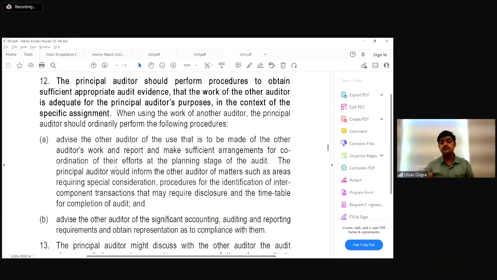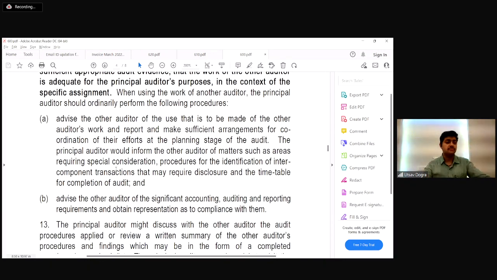While using the work of the other auditor, the major things the principal auditor needs to keep in mind are that the method to identify the intercompany transactions must be very clearly communicated. Then the special instructions, if there are any, in relation to checking some particular transaction, for example stock.